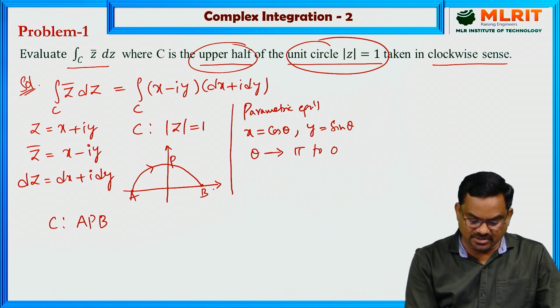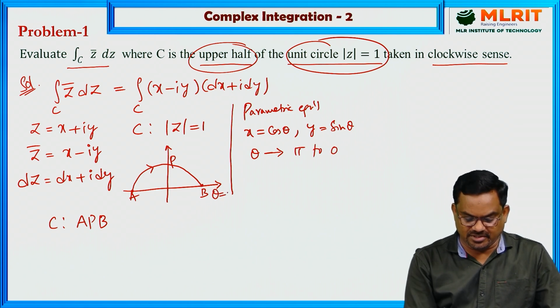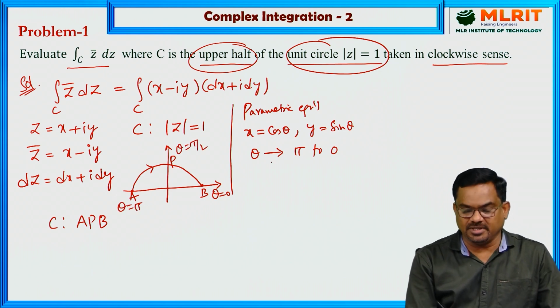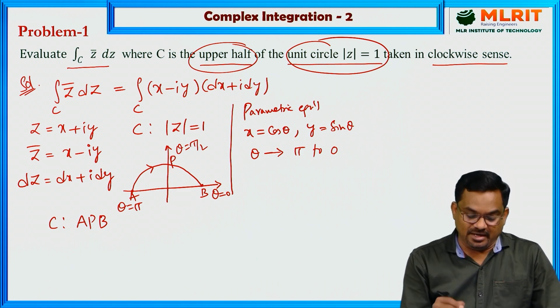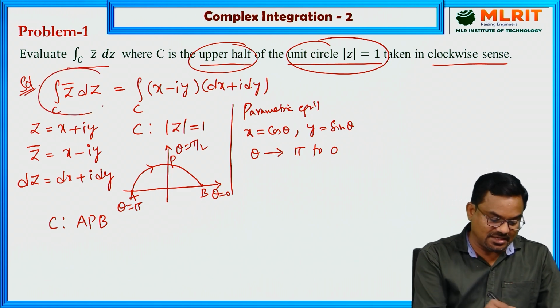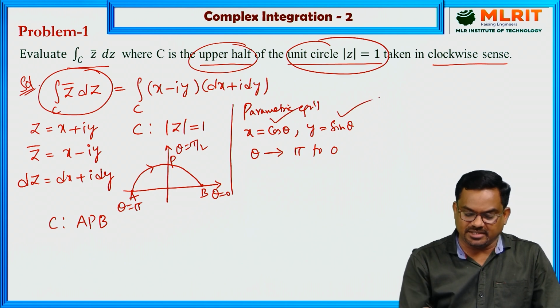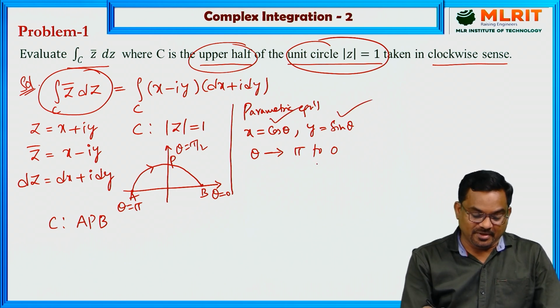Here actually, in polar form, this is theta equal to 0 line. Here the angle is pi by 2, here the angle is pi. So, theta changes from pi to 0. Hence, we need to evaluate this line integral by taking x equal to cos theta, y equal to sin theta, and the limits of theta as pi to 0.